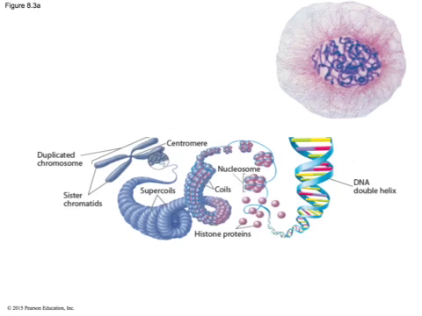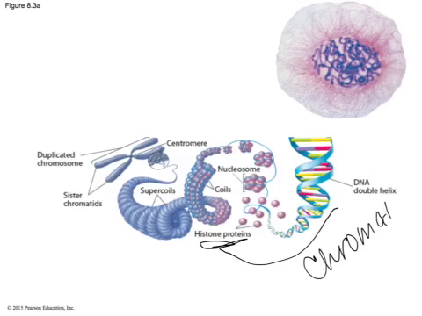When we have our DNA and these histone proteins together, that's what we call chromatin, and it's very thin and invisible under the microscope. So when the DNA is in chromatin form, you cannot see it.